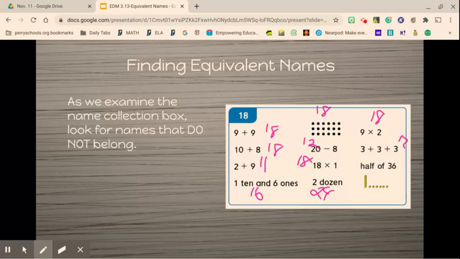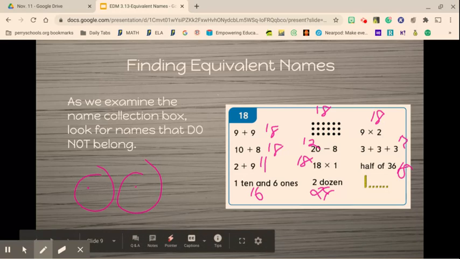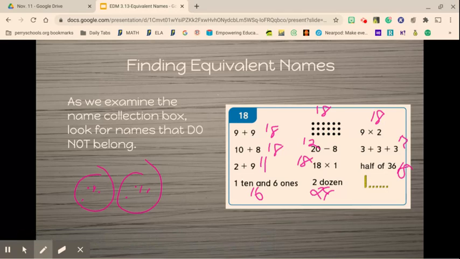Half of 36 is 18. I could draw 2 circles and split 36 into both of them, until I would see what I have, and it would be 18. This is a long, so that's 10, 11, 12, 13, 14, 15, 16. So this is 16.